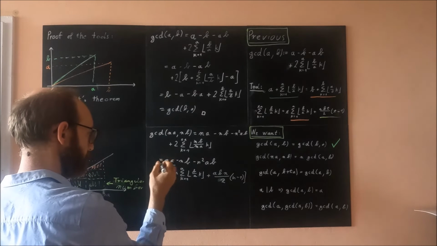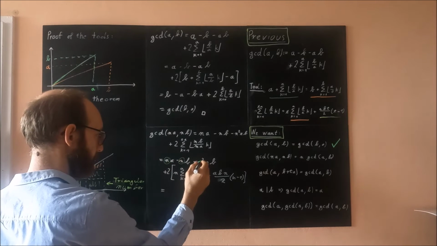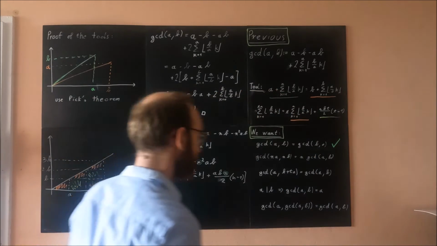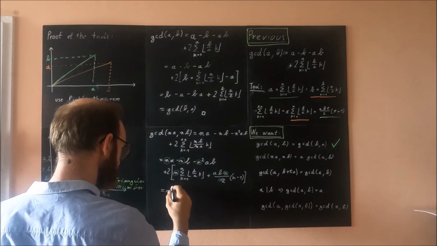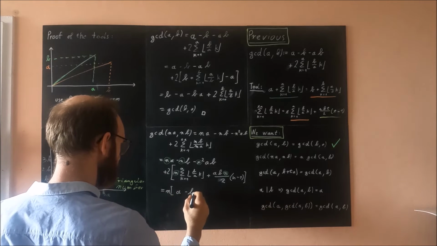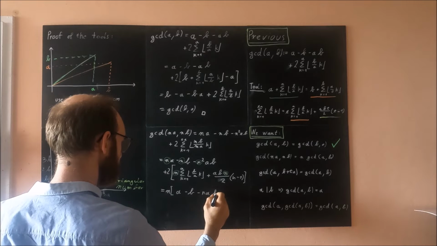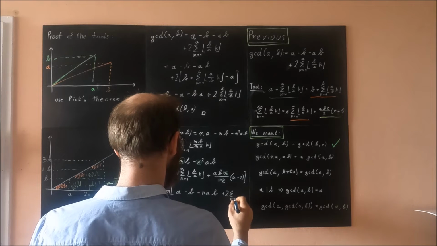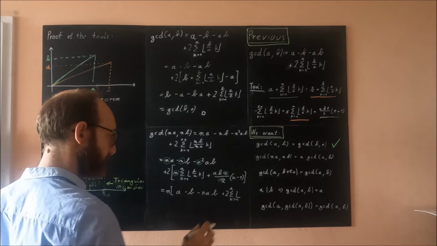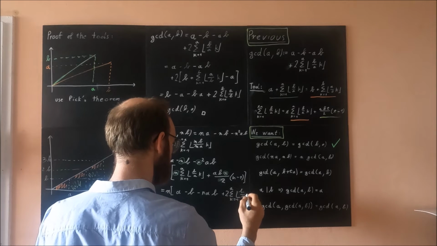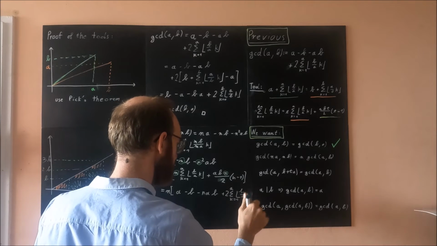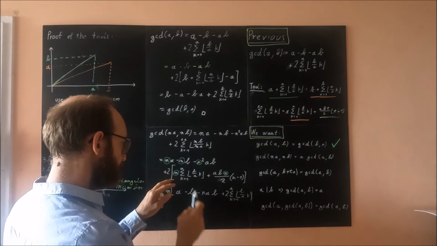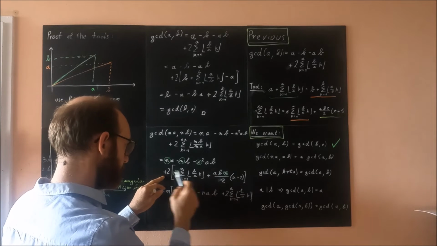Now we can factor out n. And we have n times a minus b minus nab plus 2 times our sum, the floor of b over a times k, plus 2 times this expression here.